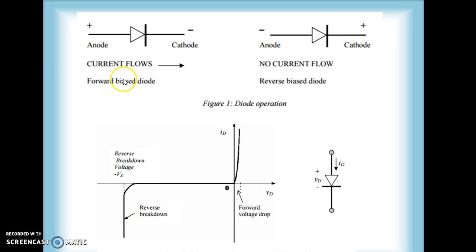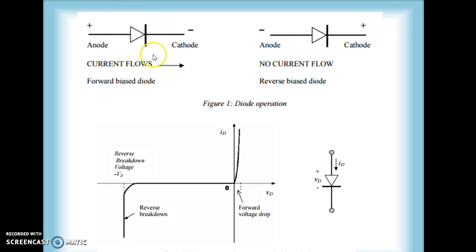So we can say this arrow indicates the direction of flowing current through the diode. The current flows through the diode in only one direction, from anode to cathode. However, this happens under a certain condition: when the anode is made positive with respect to the cathode, this condition is called forward bias.